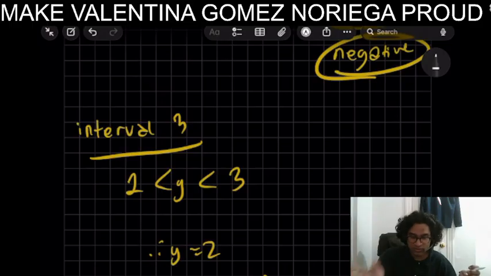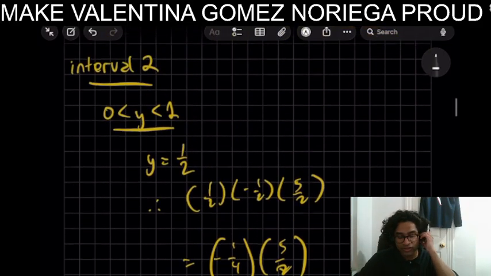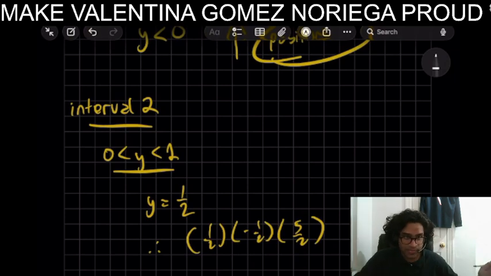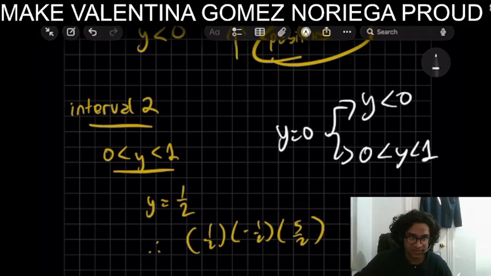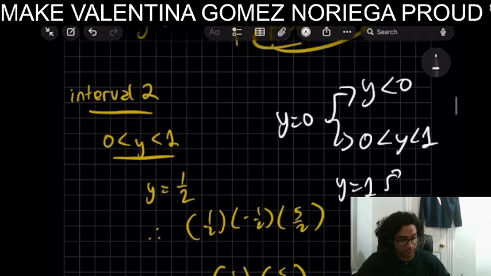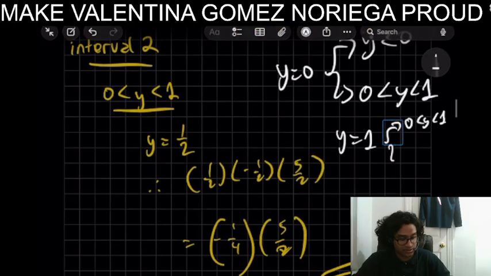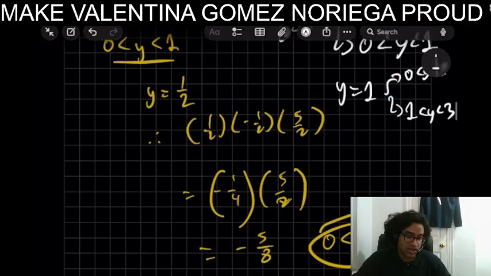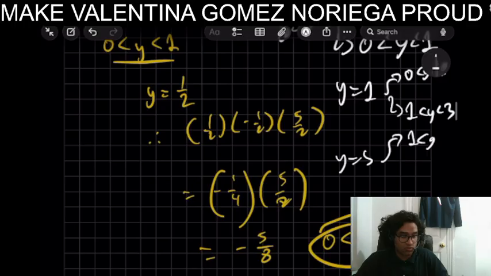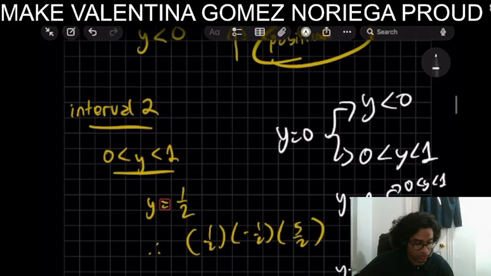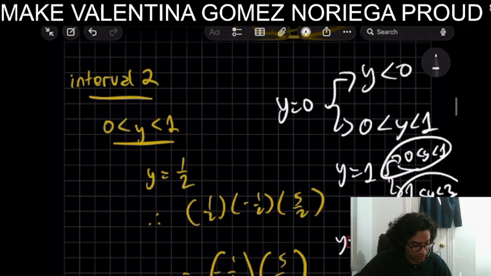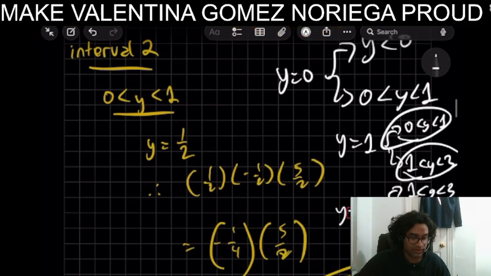You need the behavior around 0, which has y less than 0 and 0 less than y less than 1. At y equals 1, you have 0 to 1 and 1 to 3. At y equals 3, you have 1 to 3 and y greater than 3.